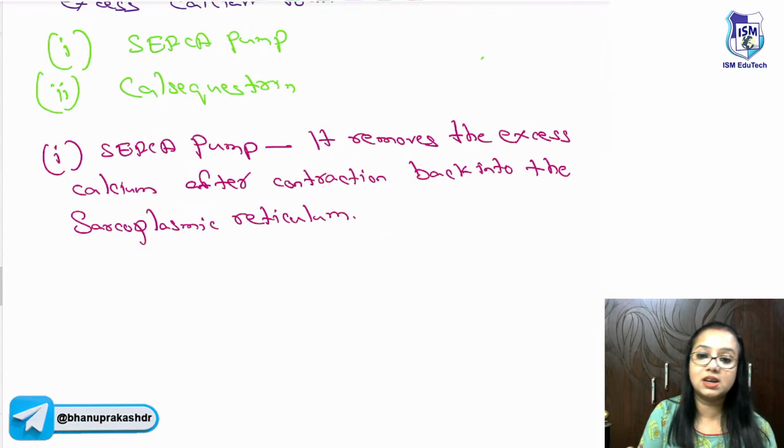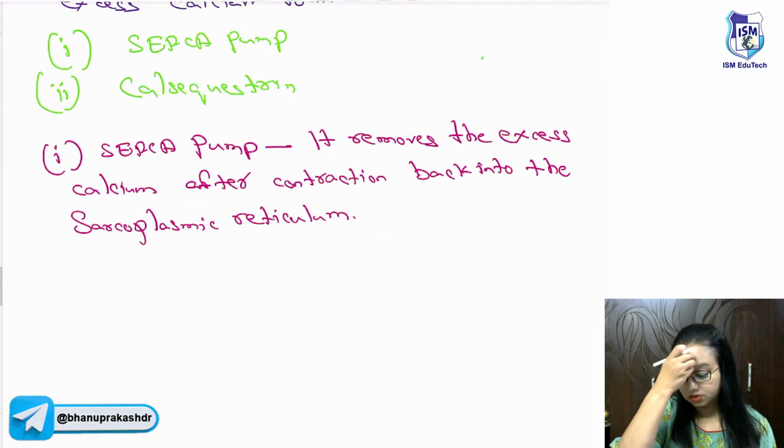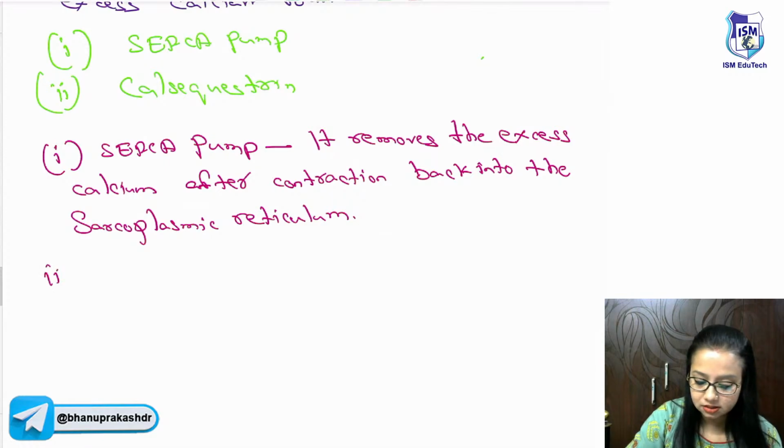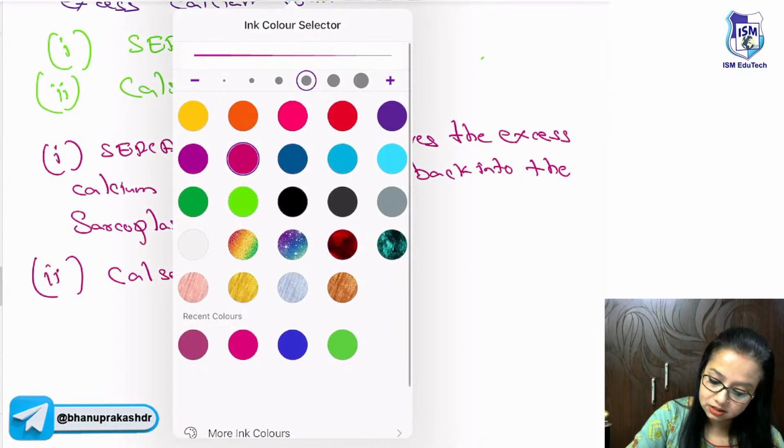So when there is no calcium, there is no trigger for the binding of actin and myosin to happen. Okay. Second is the calsequestrin. Now, how does this calsequestrin act?